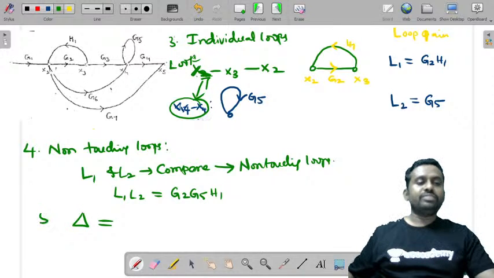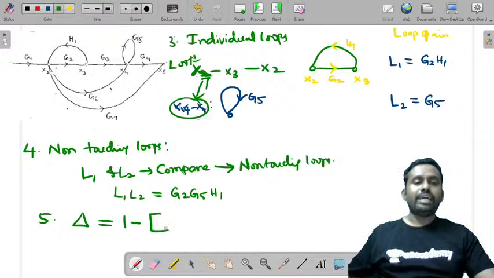With all this information, you can find delta as well. What is delta? The fifth step would be finding the delta value. Delta is 1 minus the sum of loop gains. What is the loop gain L1? It is G2 H1, plus L2 is G5.